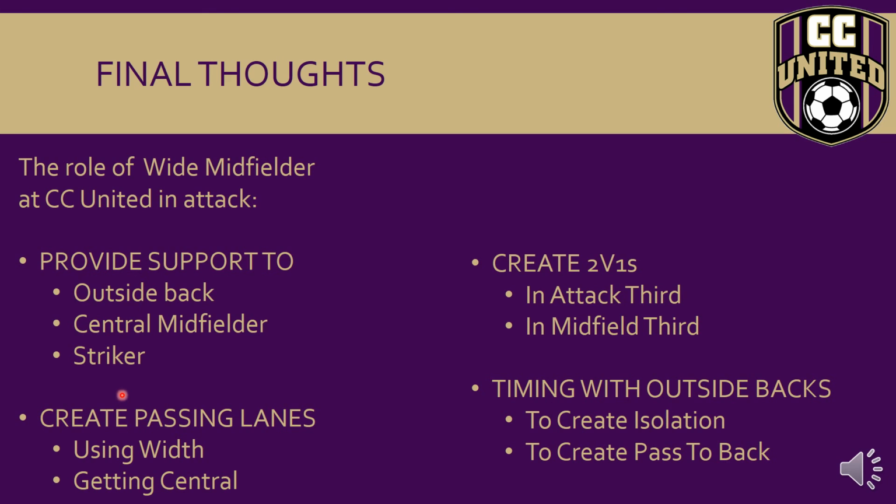It's important that our outside midfielders recognize that they create passing lanes by starting wide and then starting central and then getting wide. And it's important with the timing part and the shielding and the holding up that they're able to hold the ball up long enough in attack and in the midfield for that fullback or centre mid to create that 2v1, and recognize the isolation that could create.